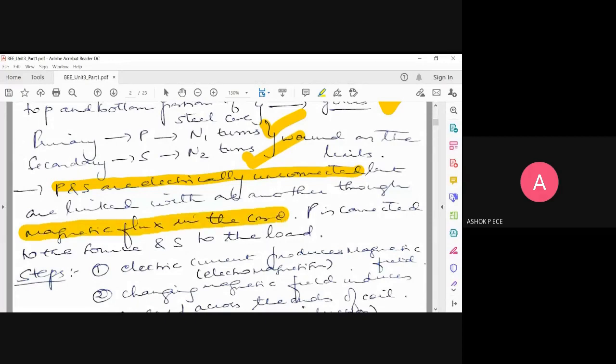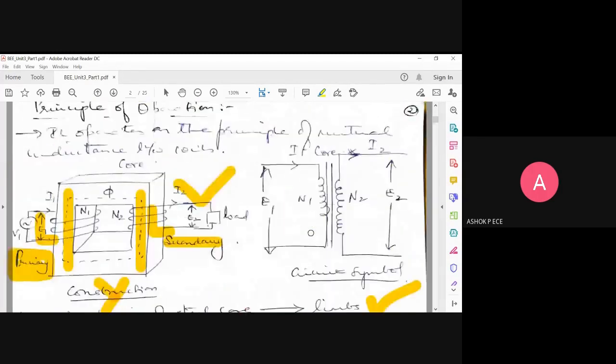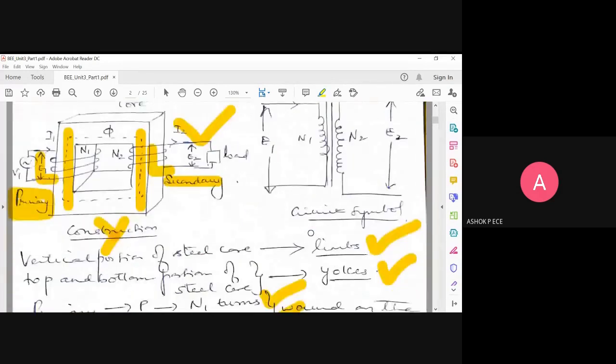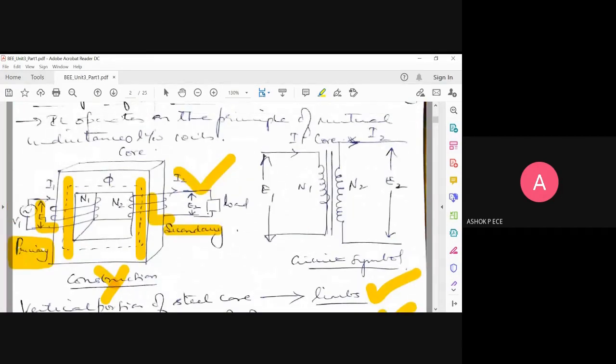Okay, so primary is always connected to the source and secondary is always connected to the load. Very, very important things you should understand in a transformer. Even if you reverse it, it is going to work. But always remember, even if you reverse it, then the secondary will become your primary, the primary will become your secondary. Your transformer will still work.